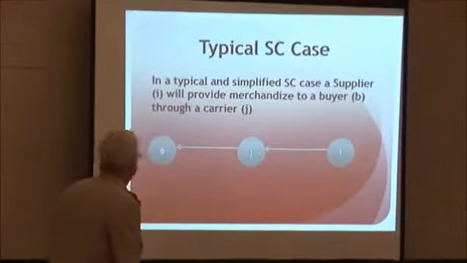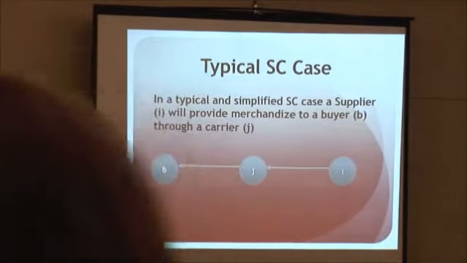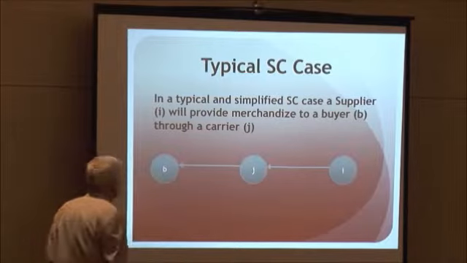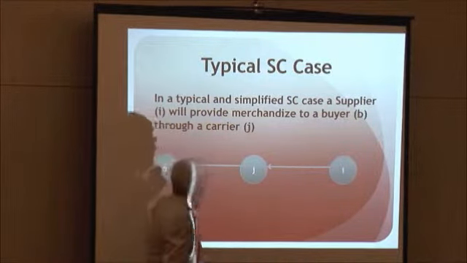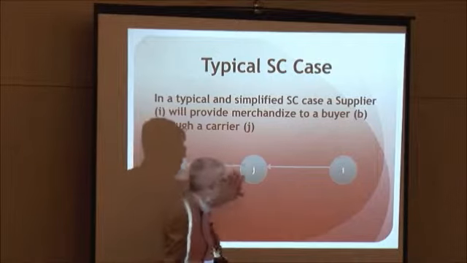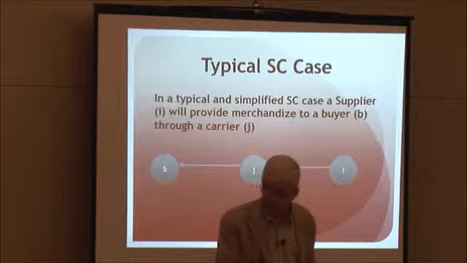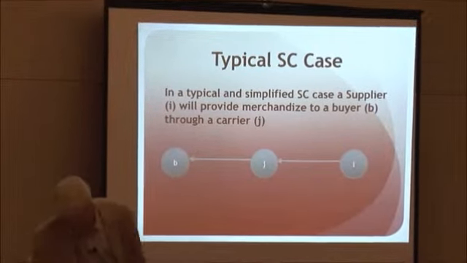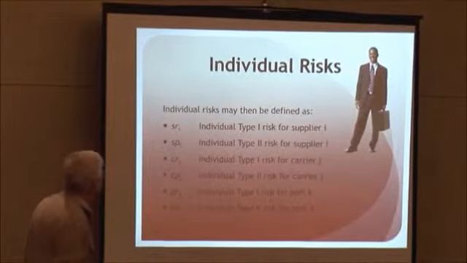Typical supply chain case, as it was represented in the first slides anyway. We have a supplier that will provide some type of product, merchandise, or service to a buyer through a carrier, okay? And this is a very schematic representation. Individual type of risk, okay?